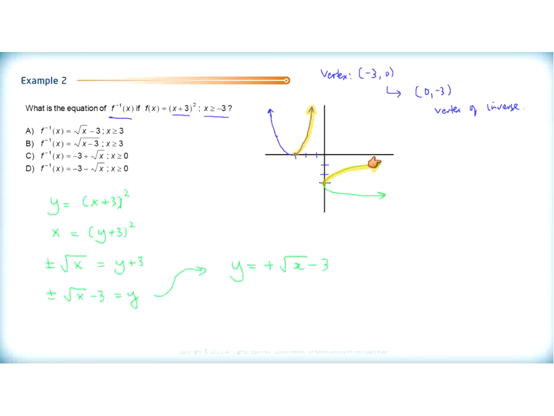Now look at the graph of the inverse. What's the domain of the inverse? Is the domain of the inverse greater than or equal to 3? Or is it greater than or equal to 0? The domain of the inverse is greater than or equal to 0, isn't it? So the correct answer here is indeed C.